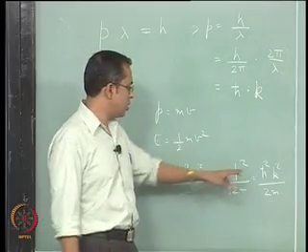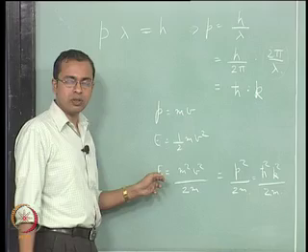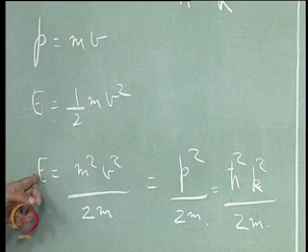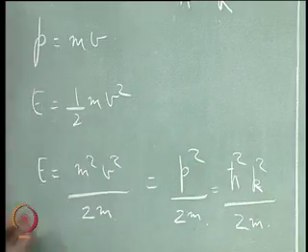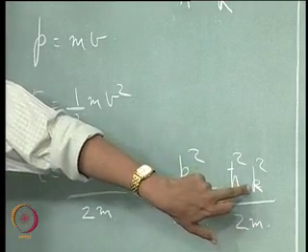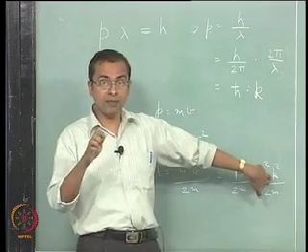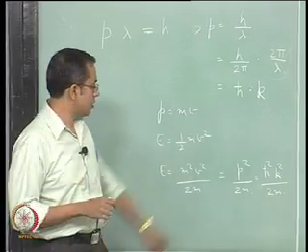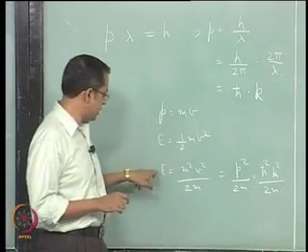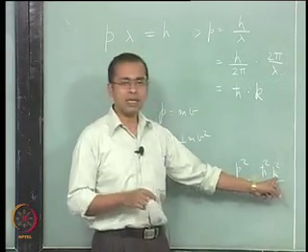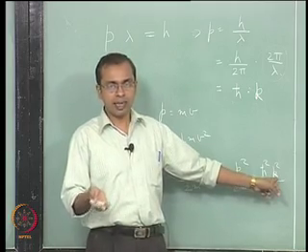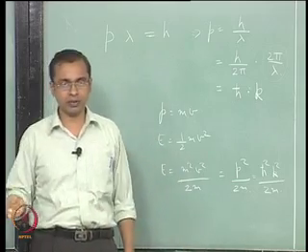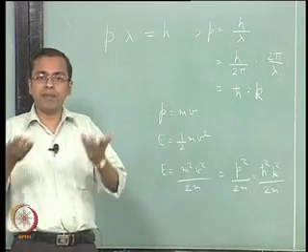So when we say E has specific values, E0, E1, E2, E3 etc., all we are saying is that in this relationship the allowed values for the wave vector, and therefore the allowed values for the wavelength of the electron, are only specific values, because h bar and 2m are constants. Therefore if this has only specific allowed values, this parameter can also only have specific allowed values, and this parameter is the wave vector, which is 1 by wavelength. Therefore wavelength has only specific allowed values. So we want to understand why this is the case.